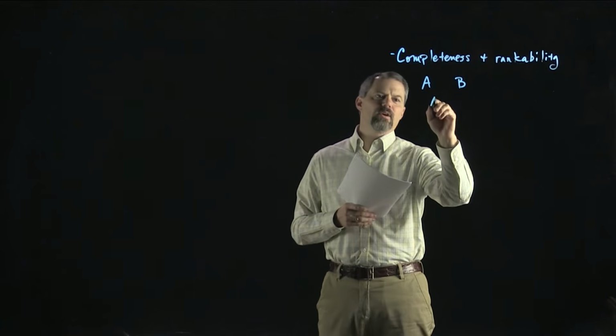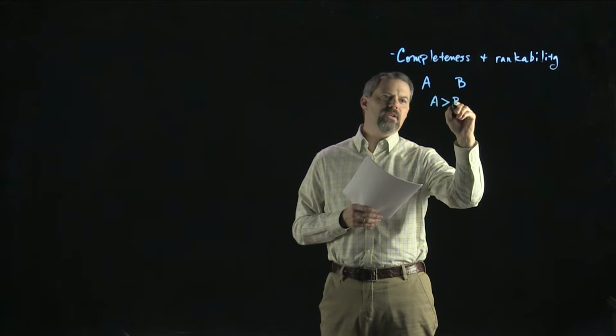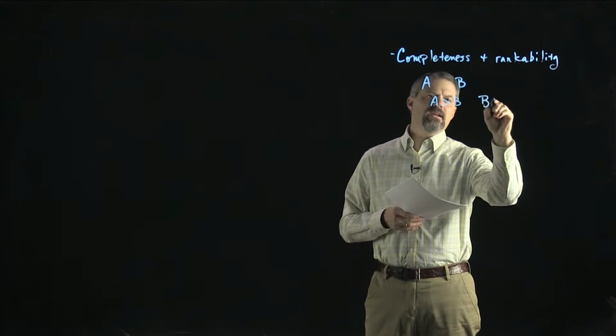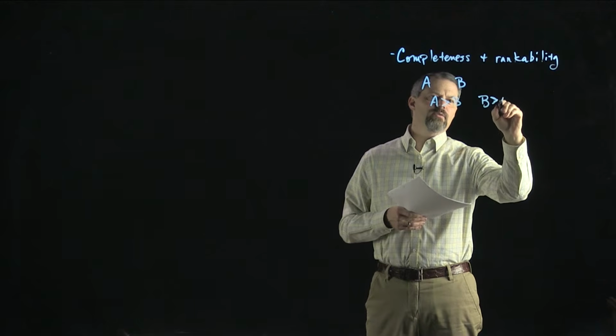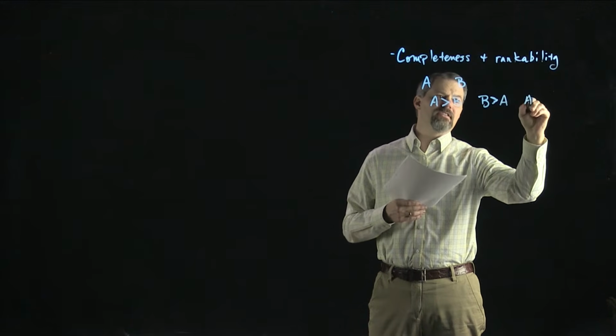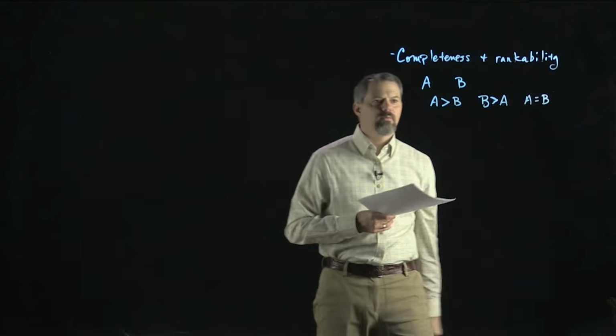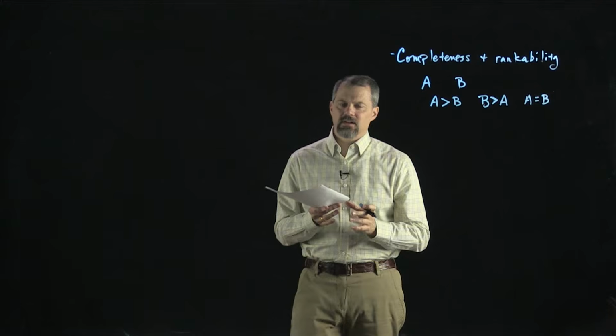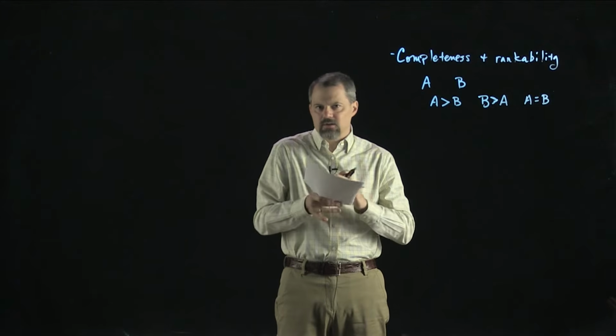Sometimes we write it this way. If the consumer likes A more than B, we would write that. Or if they like B more than A, we would write that. Or if they're indifferent, we would write that. And here we're thinking about a bundle, some combination of the goods.